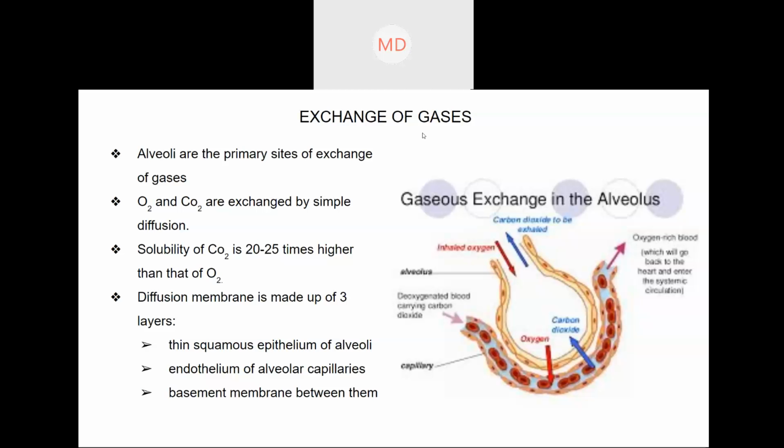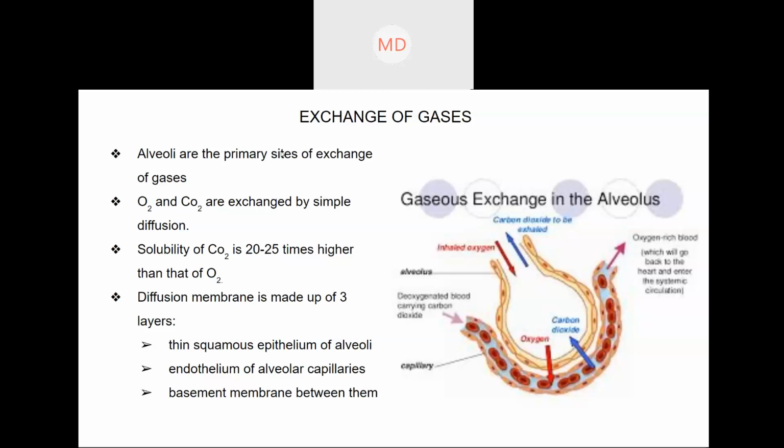Also, if you search on the internet for alveoli, alveolus, bronchus and all those, then you can see the exact diagram of how it is. But I will show you after I complete this portion. So alveoli are the primary site of gas exchange. It is the place where the exchange of oxygen and carbon dioxide takes place.